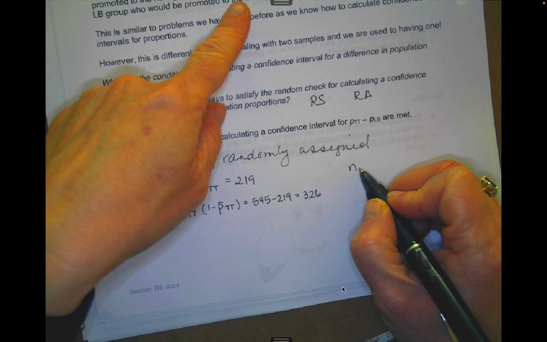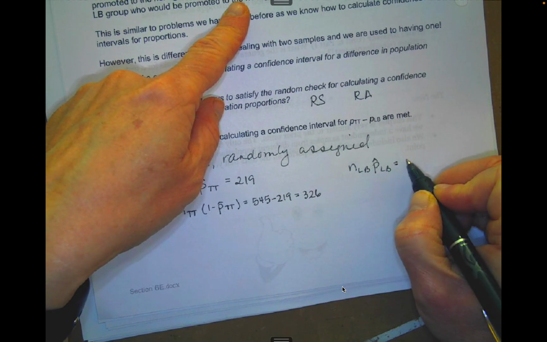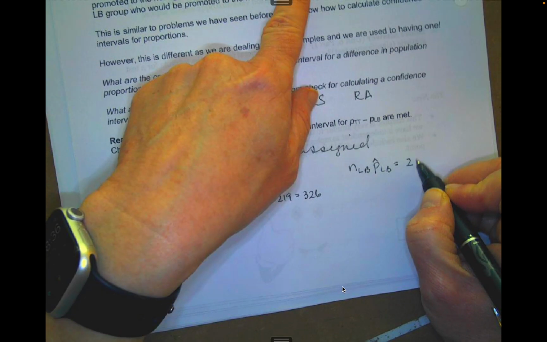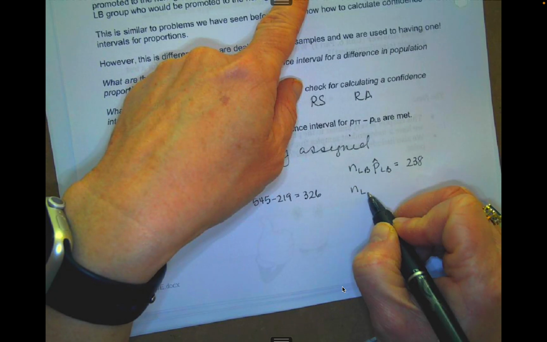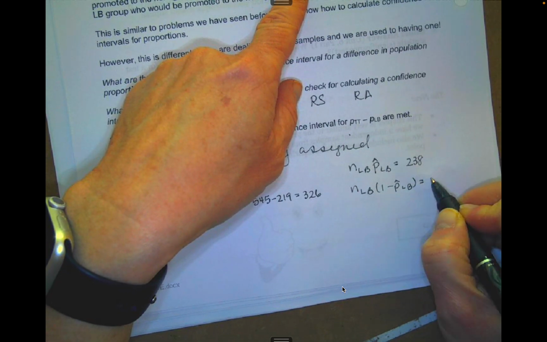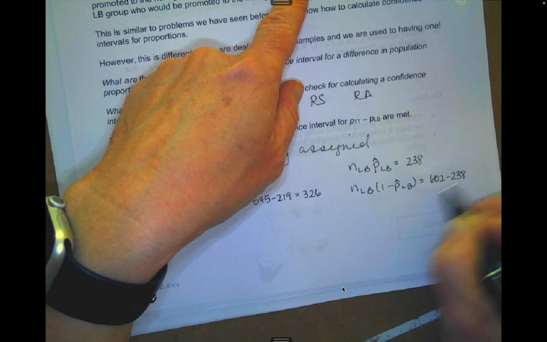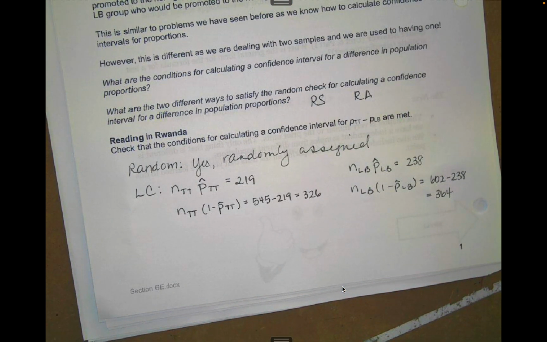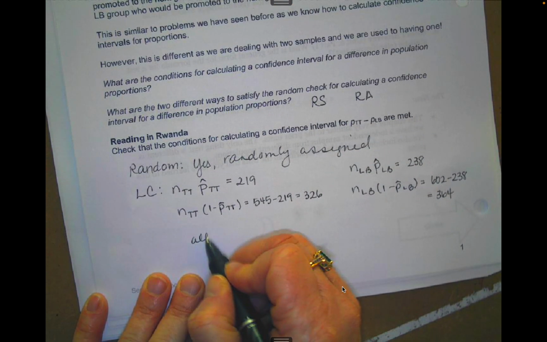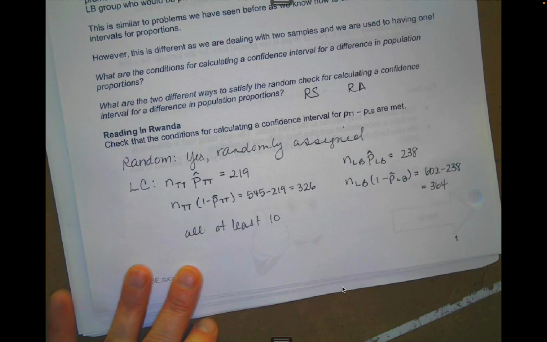And then we have the other one, which is the 238 that were promoted. And this one is 602 minus 238. We get 364. So all of those are at least 10.